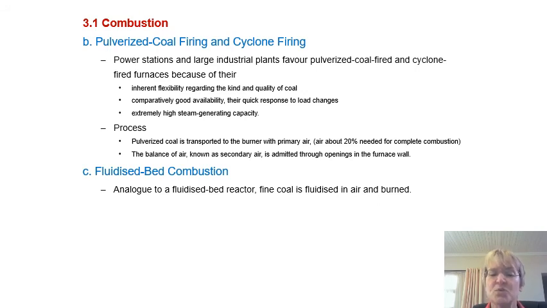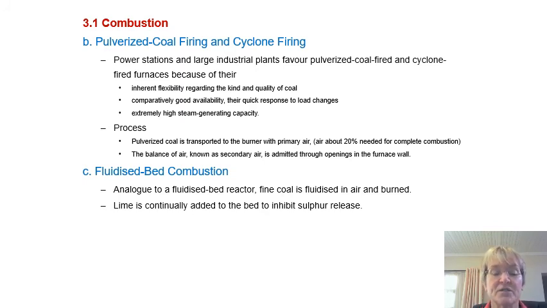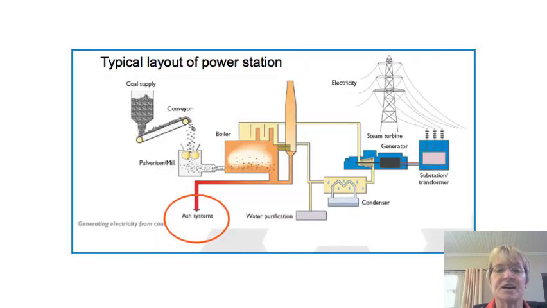And the material in which that's moving with it in this airstream is things like lime and sand and materials like that. Now the lime is excellent here to inhibit the sulfur release. So fluidized bed, looking at the environment, should give you the best results because of the sulfur that is not released into the atmosphere.